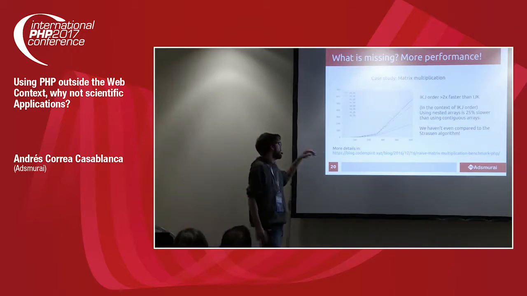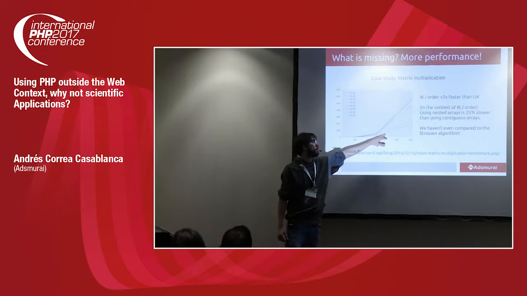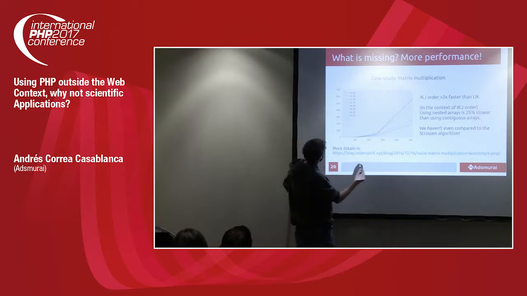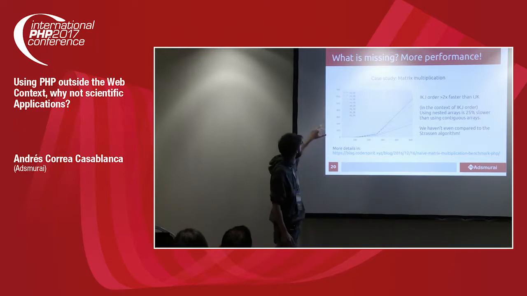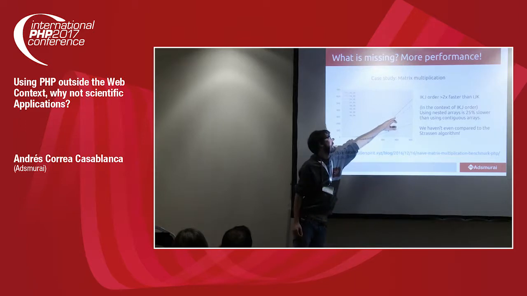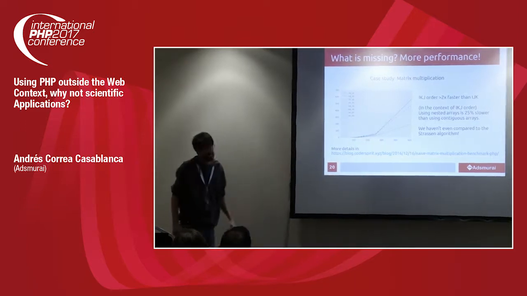That's a graph that I plotted many months ago that shows how choosing the right algorithm affects matrix multiplication performance. That's what I'm using in my current implementation, and that line is what's being used in most PHP matrix libraries.